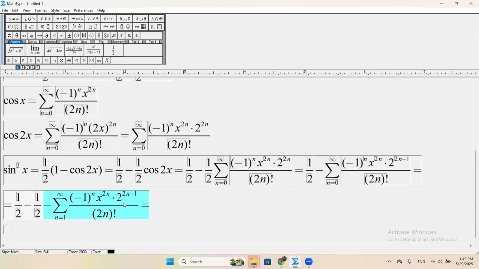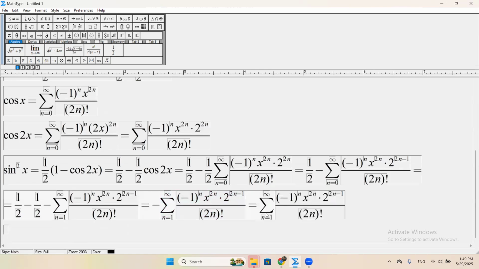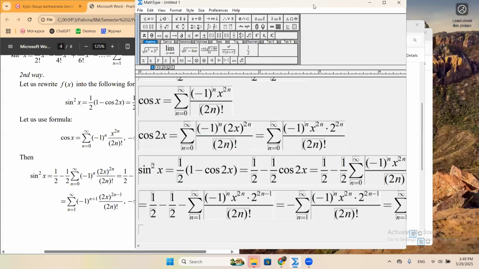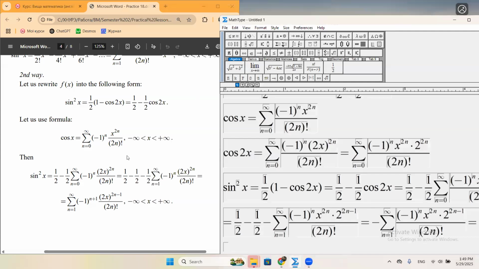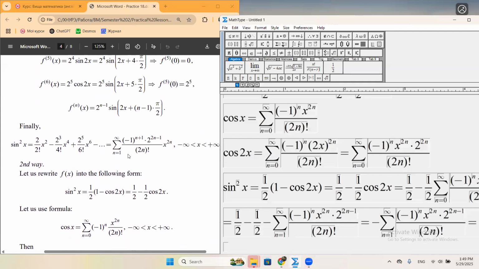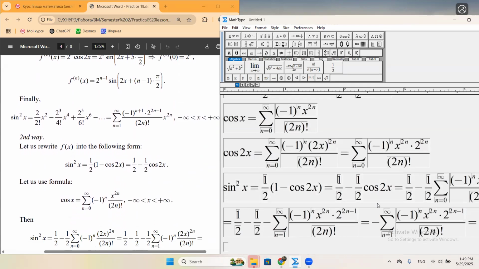So it will be equal to this expression, this series, and I will just move minus into the series. So under the series it will be -1 in power of n plus 1. And if we compare with this answer, we will receive the same result.